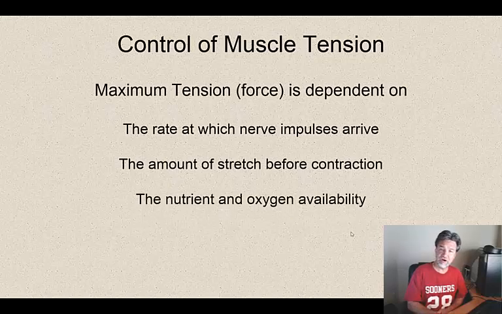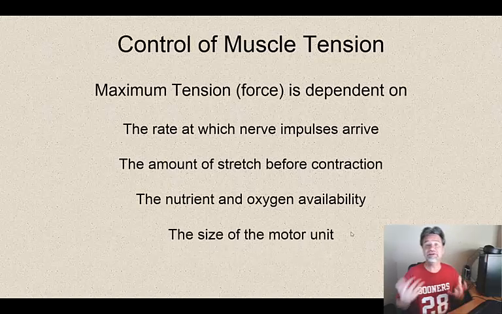How much oxygen do we have available? How much myoglobin is in the area to supply the oxygen? And how much glycogen, that storage form of glucose, is present within the muscle tissue as well? And then finally, how big is this overall structure? Remember, we talked about the fact that in the quads or the hamstrings, you can have hundreds of muscle fibers that are activated by one single neuron.